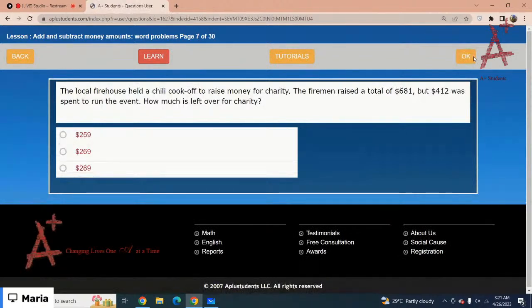Okay, the local firehouse held a chili cook-off to raise money for a charity.